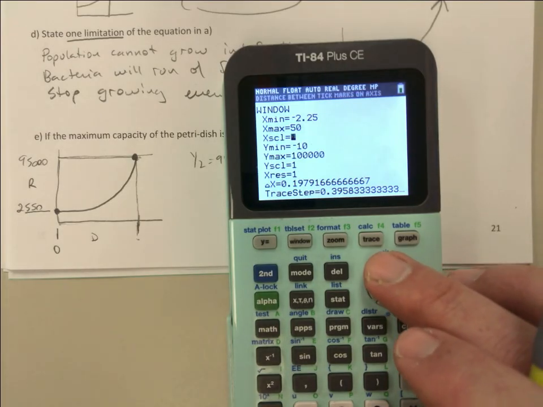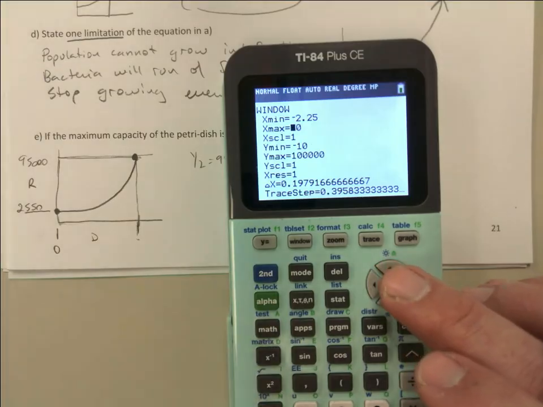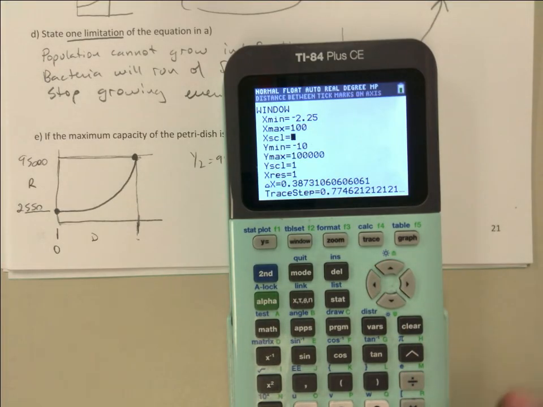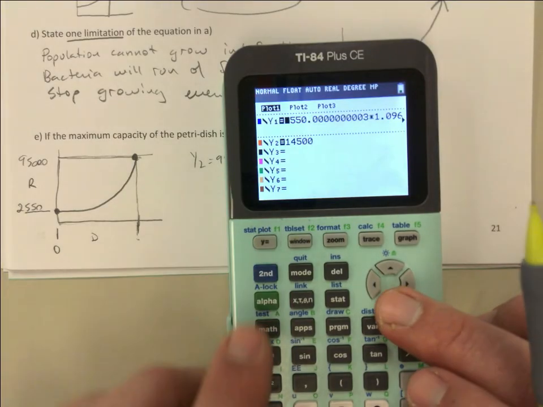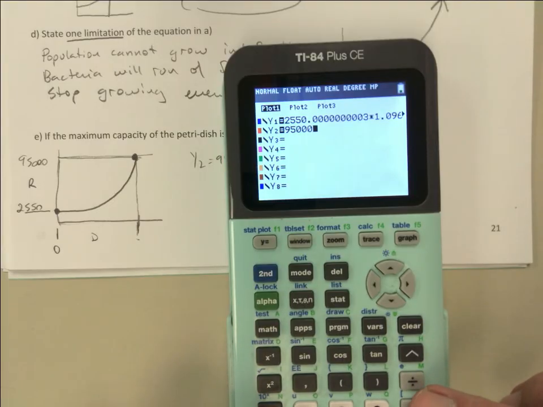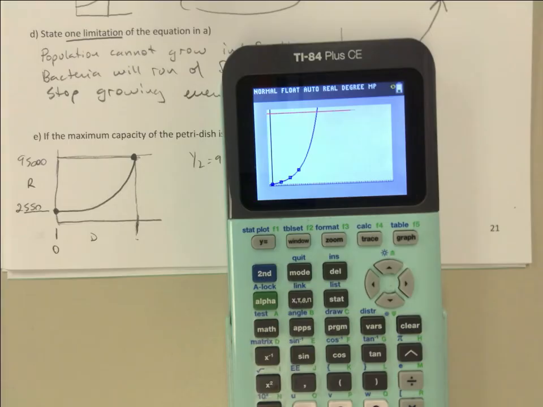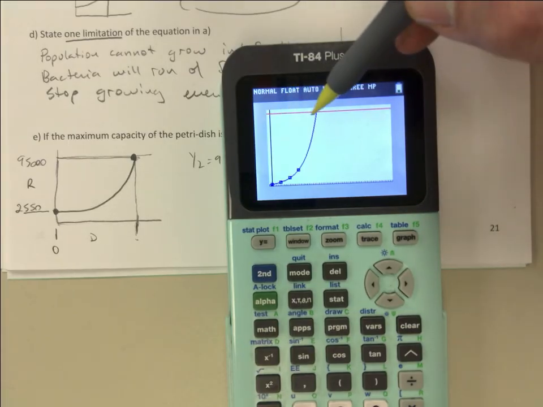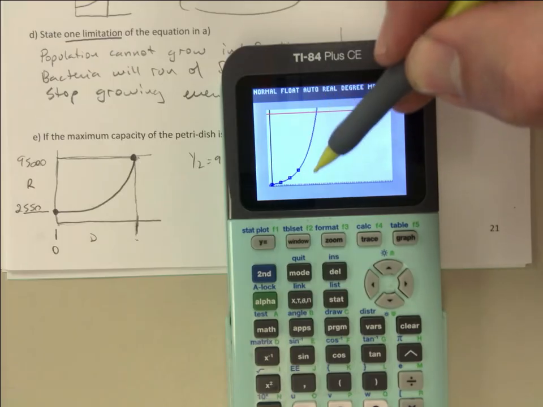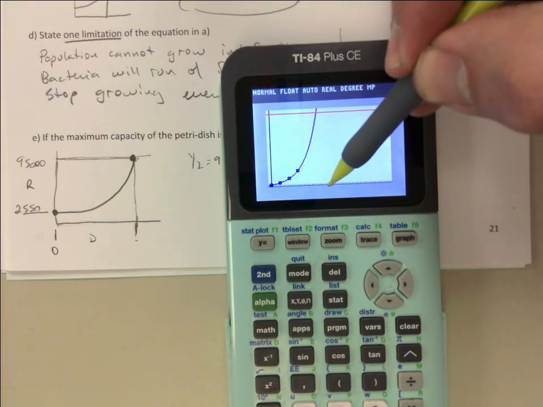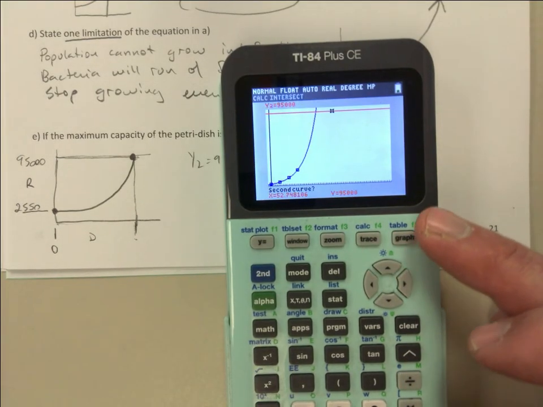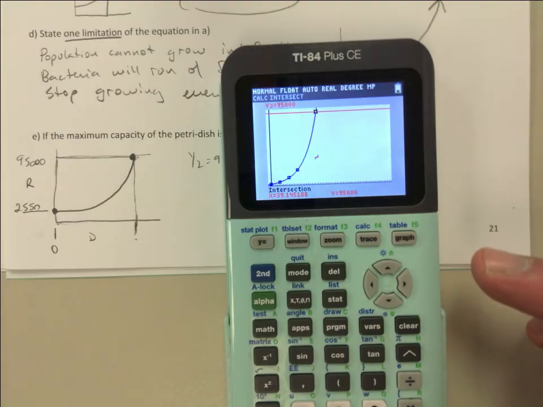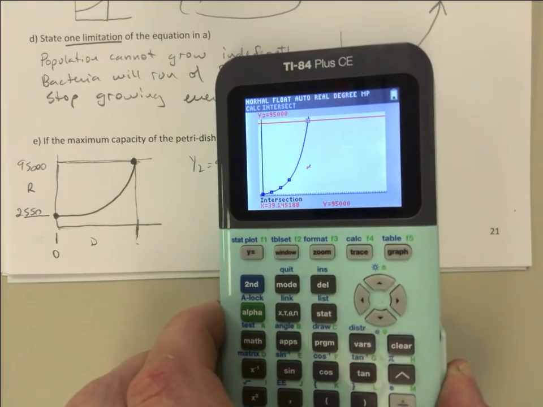And as a good measure, I should probably increase my X max as well. I'm going to go to 100. I need to find that X value to tell me where time stops. So second trace, 5. Just hit enter 3 times. You only have 2 curves. No big deal. 39.15 is my rounded answer.